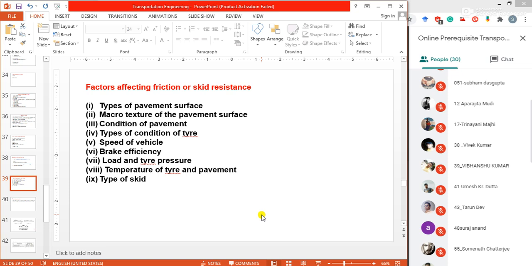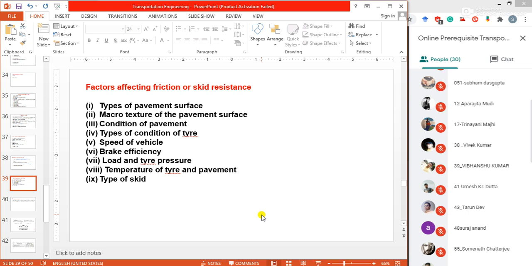Factor number 1, types of pavement surface, namely cement concrete, bituminous, WBM. WBM is water bound macadam. Earth surface, etc. So types of pavement surface is one of the factors.